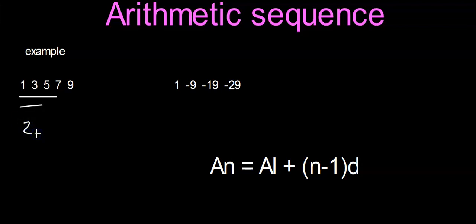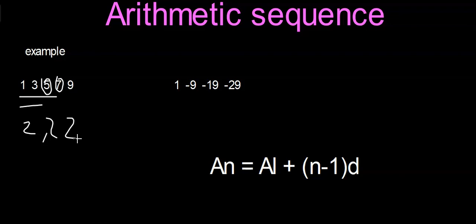When I subtract 3 from 5, I still get 2. And when I subtract 5 from 7, I get 2. So this is an arithmetic sequence since we got the common difference 2. This is how you know if the sequence is arithmetic or not.